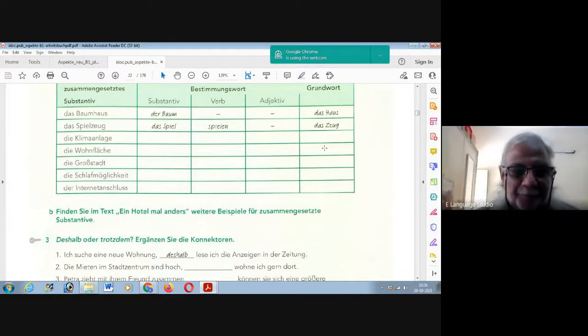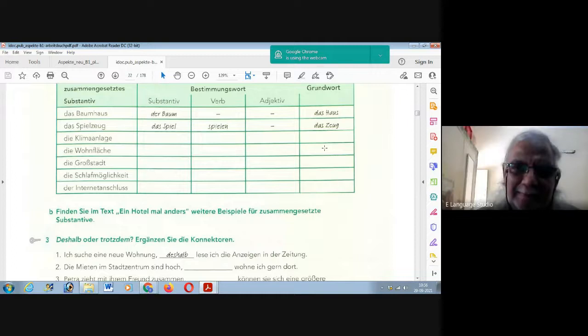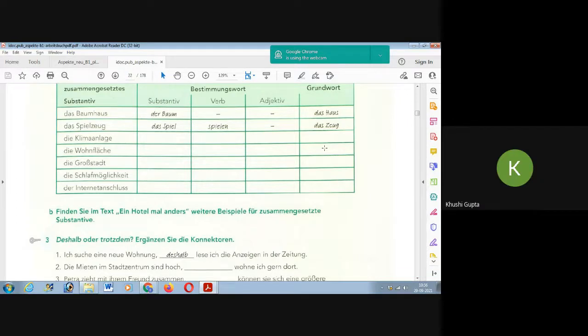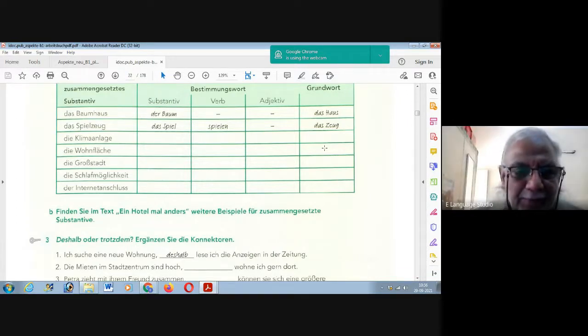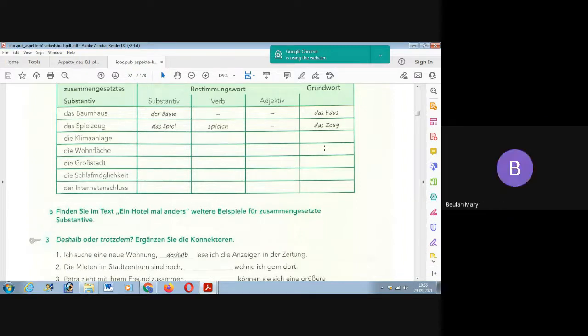Großstadt. Big city. Metropolitan city. Metropolis. So do we have a substantive here? Nein, Adjektiv und Grundwort. Yeah, good.